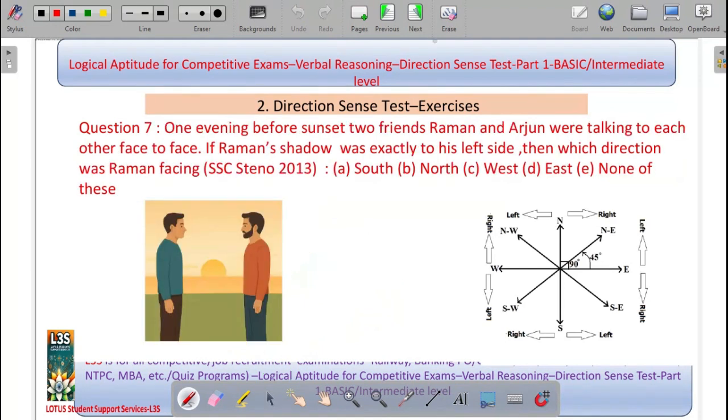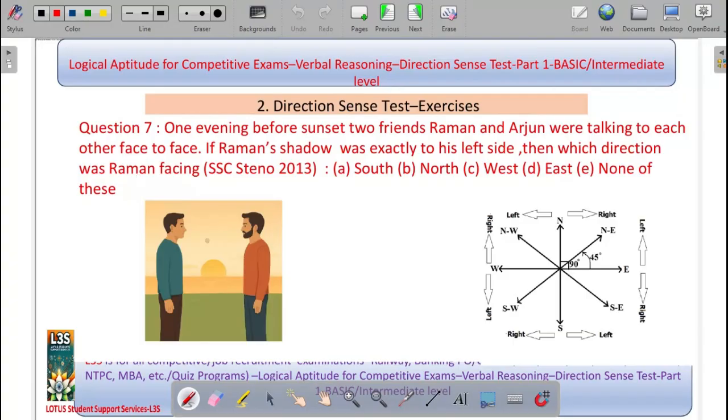Next question. Question 7. One evening before sunset, two friends, Raman and Arjun, were talking to each other face to face. If Raman's shadow was exactly to his left side, then which direction was Raman facing? We have just taken this picture for understanding only.